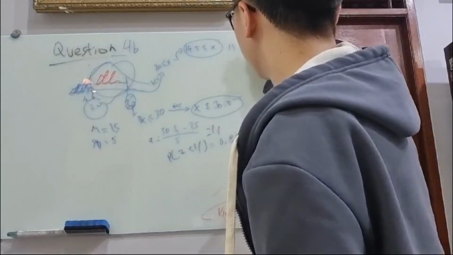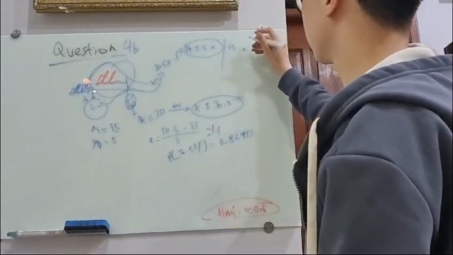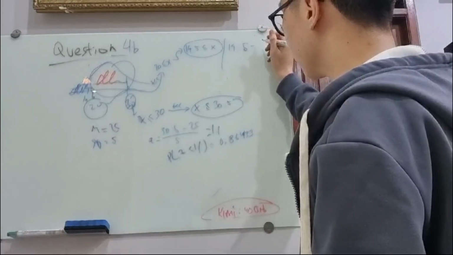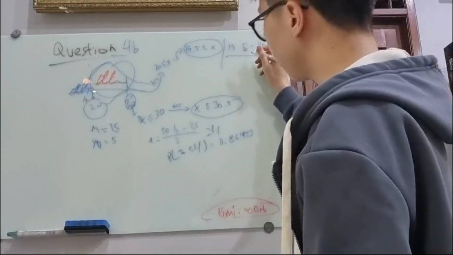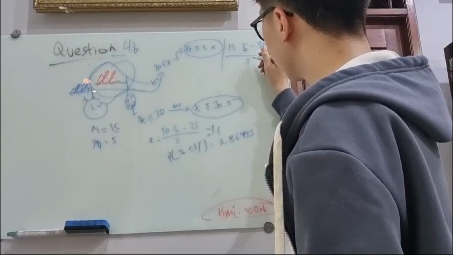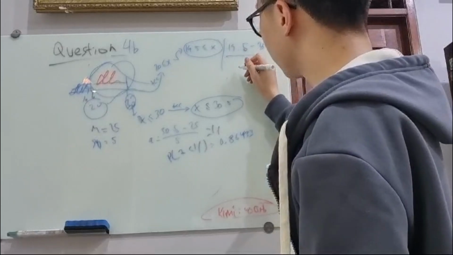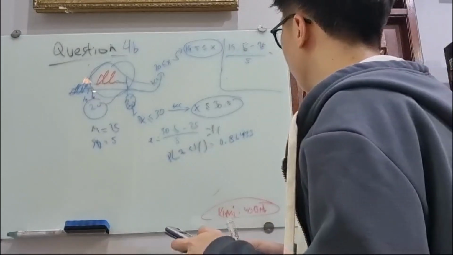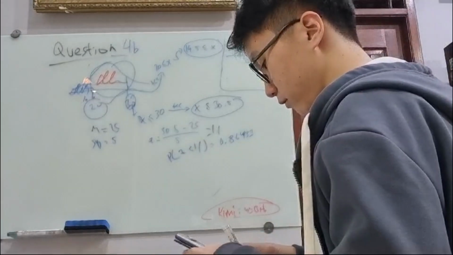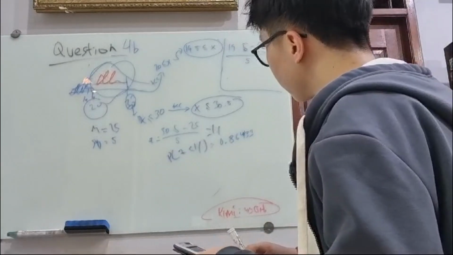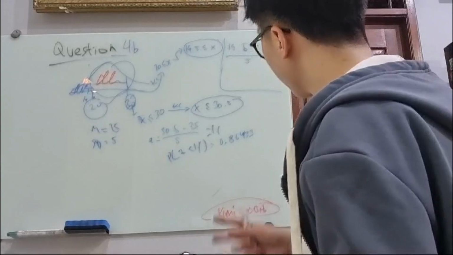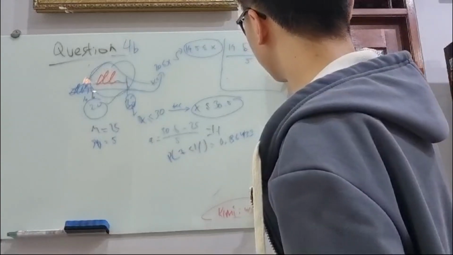19.5 minus the mean, divided by our standard deviation 5, to get a z value of negative 1.1.